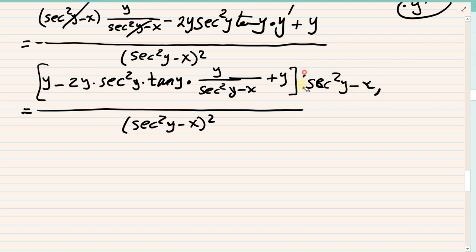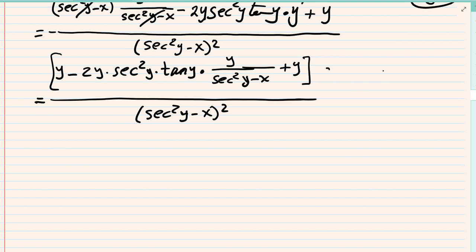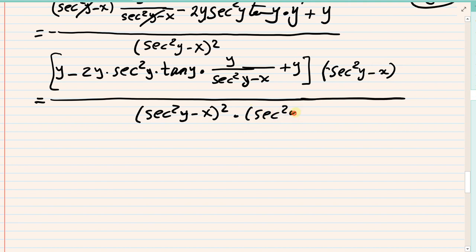That's what we're going to multiply them by. Okay, so multiply by secant squared y minus x, and the bottom as well. It's going to be secant squared y minus x.